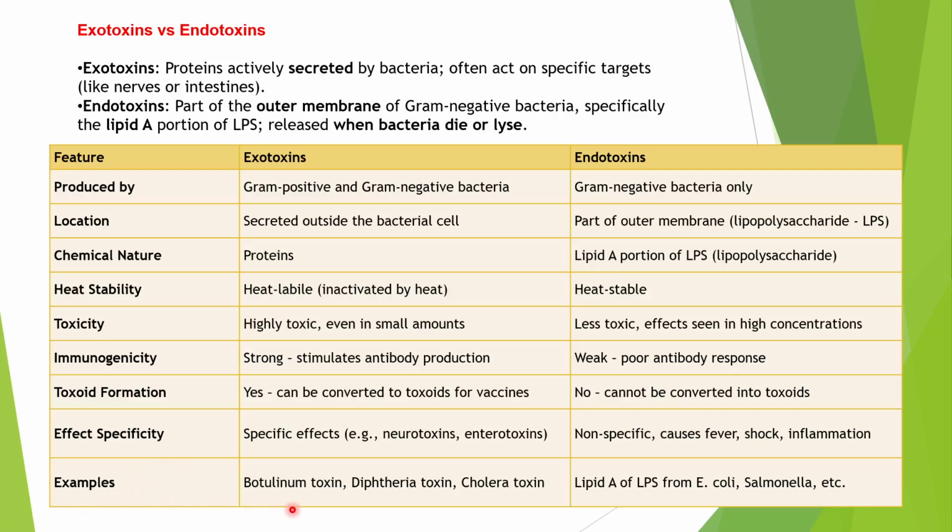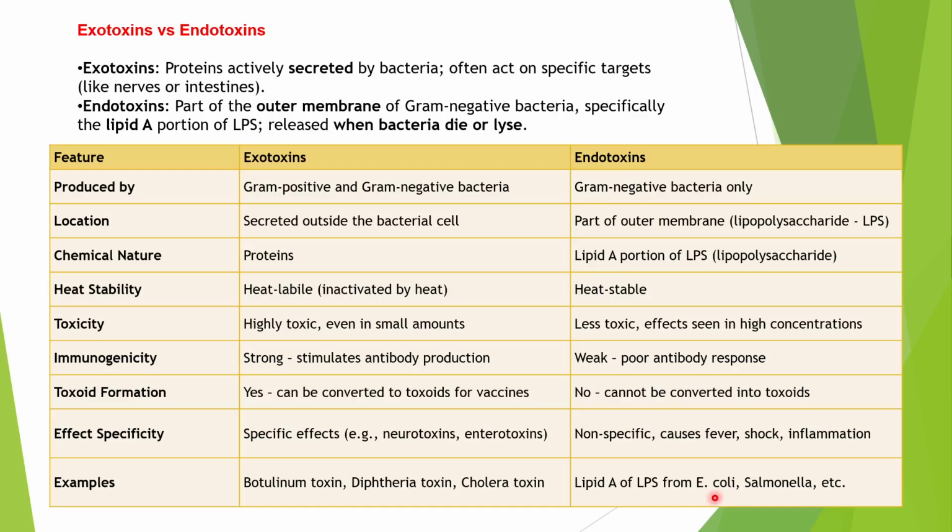Examples of exotoxins are botulinum toxin, that is the Clostridium botulinum toxin, diphtheria toxin, and cholera toxin. Endotoxins are the LPS, and these are present in most of the gram-negative bacteria. All the gram-negative bacteria have LPS layers, so it's present in them.